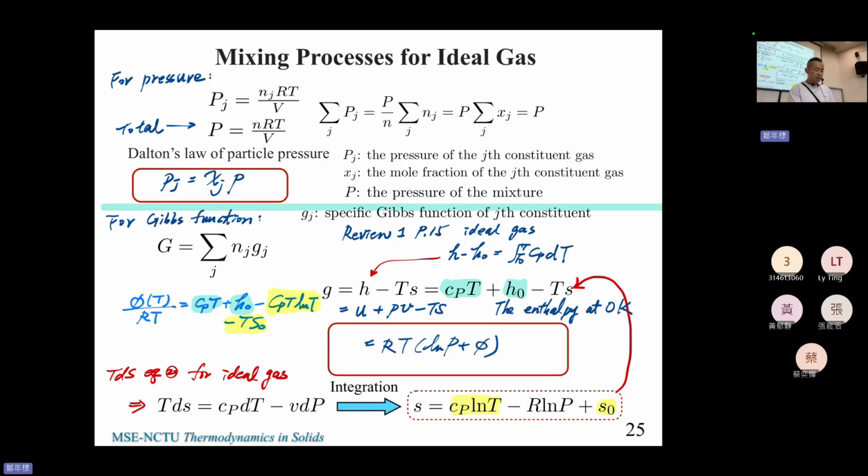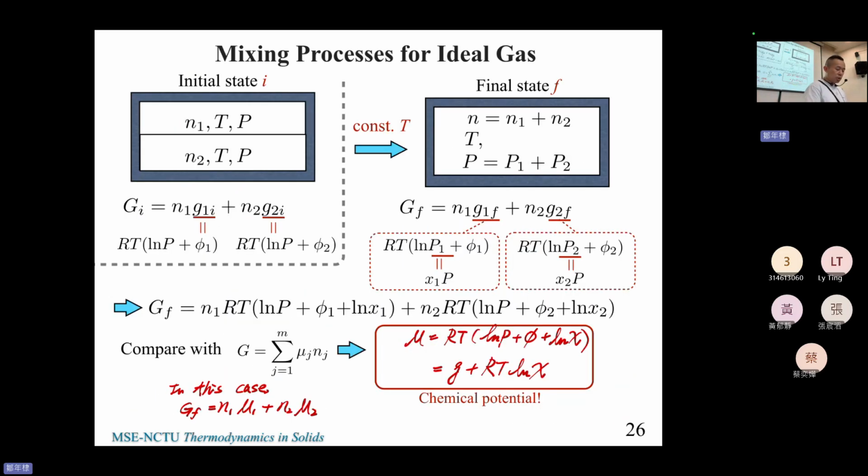The phi is a bunch of constants, combined from Cp, H naught, temperature, and S naught. All of them are constant. So then we are ready to see the procedure of mixing for ideal gas.